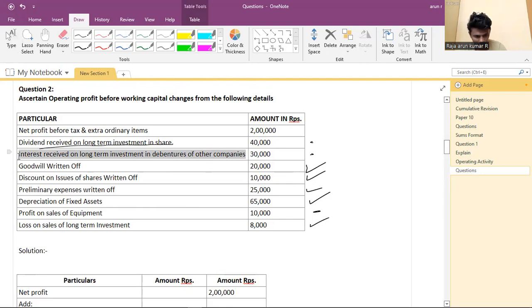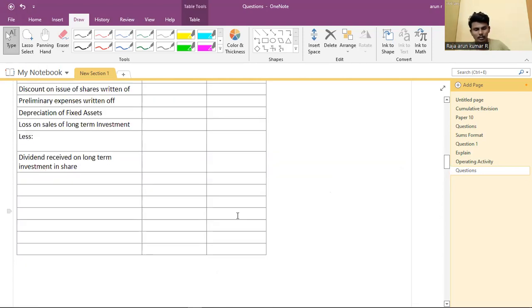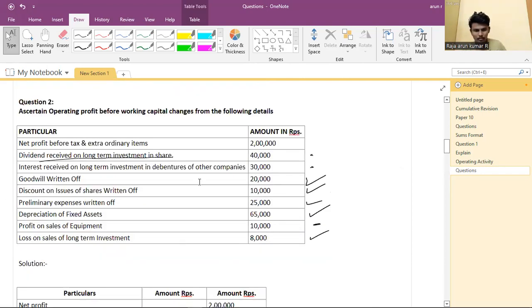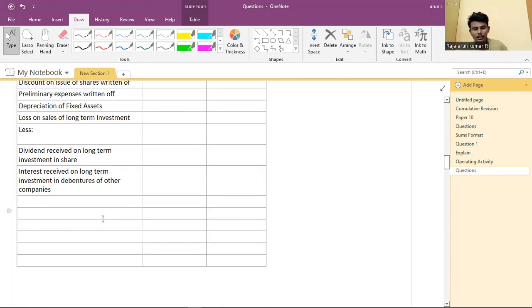Interest received. There is an explanation in the given, but simply you understand interest received on long term is an income. Then profit on sale of equipment. The fixed asset sale profit also comes in operating activities.